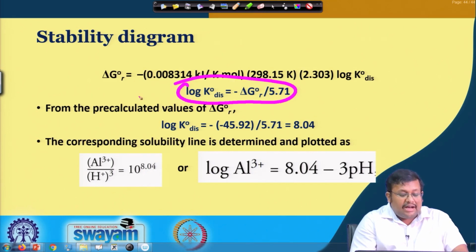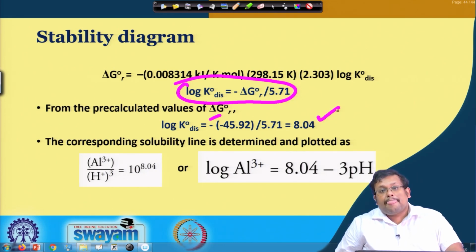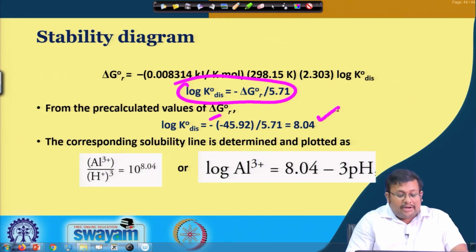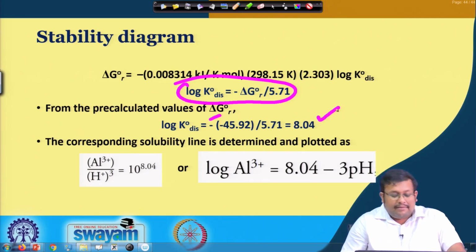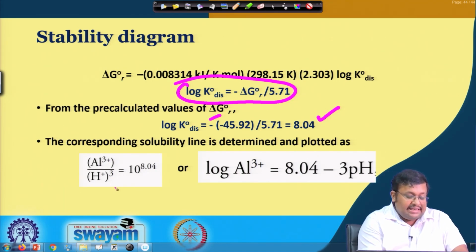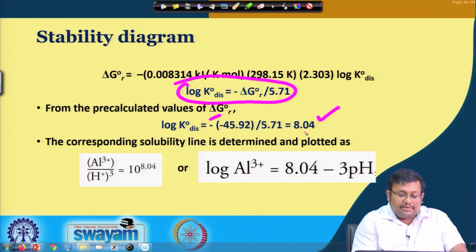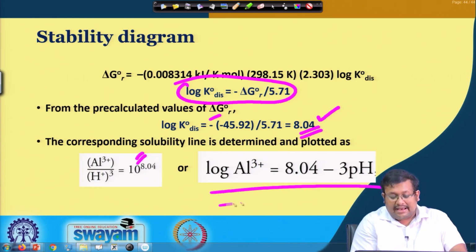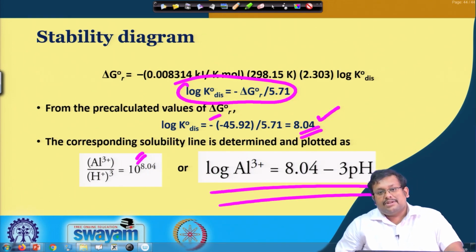For the pre-calculated value of delta G0R, we know that the value will be 8.04. The corresponding solubility line is determined by plotting it as such. So, we can see that once we calculate this log value of K0, from there we can express this straight line equation.